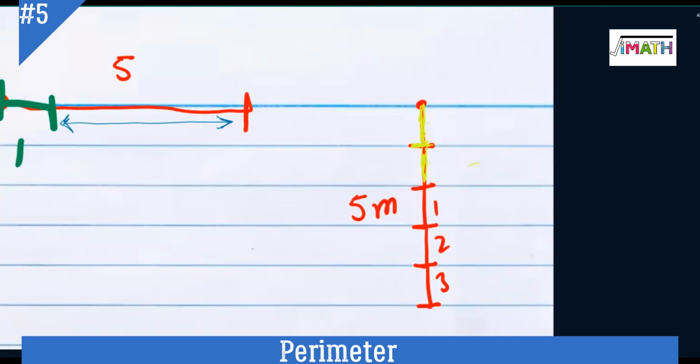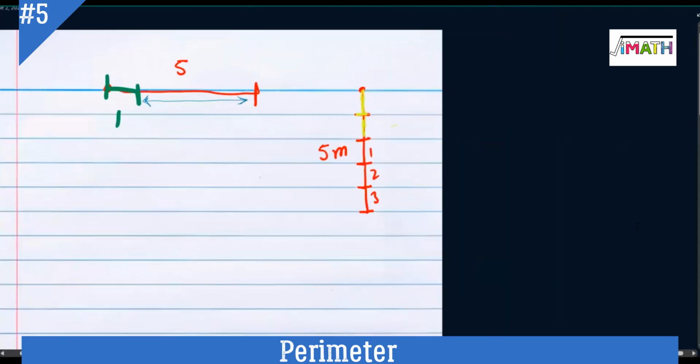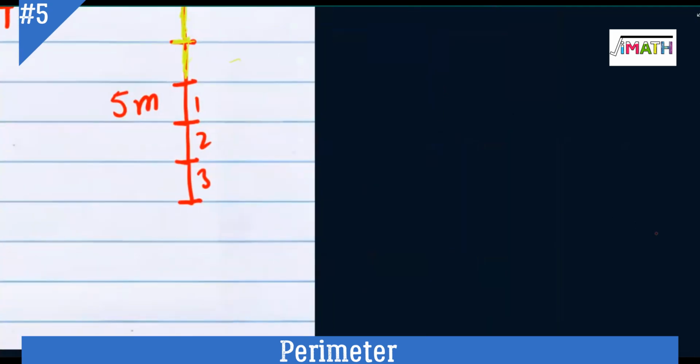Yeah. So let's utilize this analogy here. If the length from this to this is 1, this is the second segment, this is the third segment, this is the fourth segment, and this is the fifth segment.